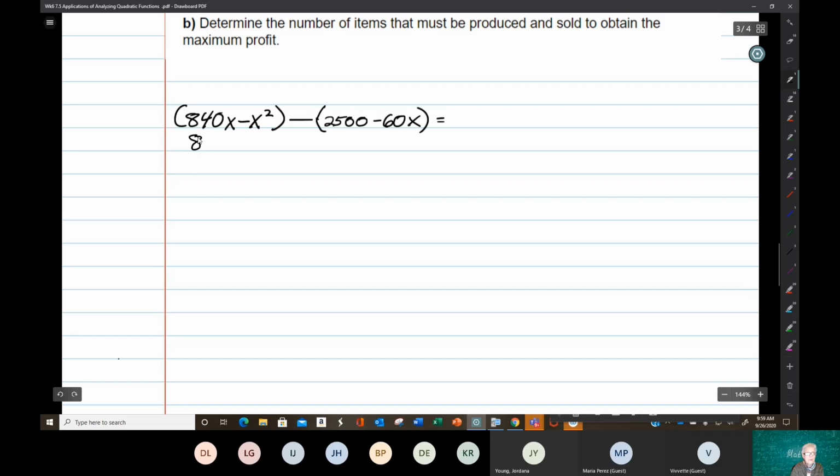Well, let's see, 840x minus x squared minus 2,500. And now one of the main mistakes on the test was forgetting to distribute the minus sign to the other number, plus 60x.